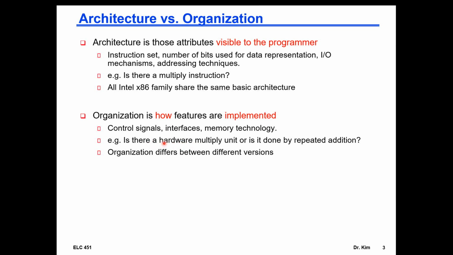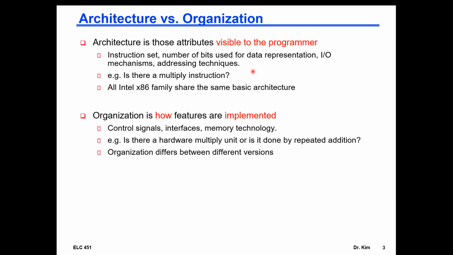That's a decision. Now, whether you do it in a single cycle with a hardware multiply unit, or it takes you, let's say, 32 cycles to do a 32 by 32 bit multiplication, you could implement it either way, and you can see the trade-off. One cycle, much more expensive in number of transistors or hardware. Repeated addition takes longer, but it's cheaper.